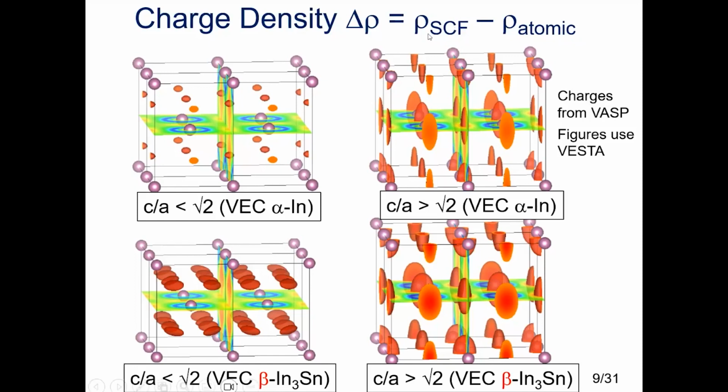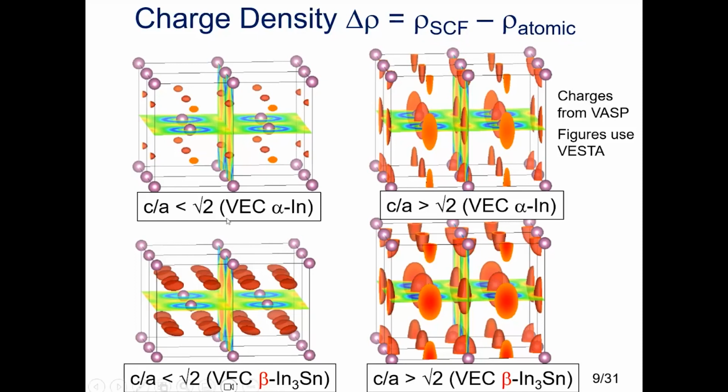That solution then gives us the self-consistent electron density that differs from the superposition of atoms. And within VESTA, we can take the difference between those two charge densities.